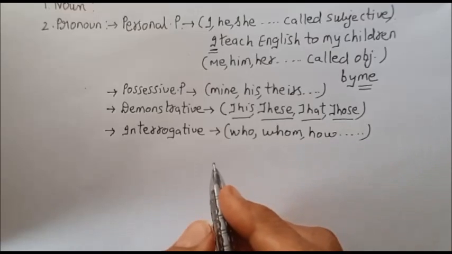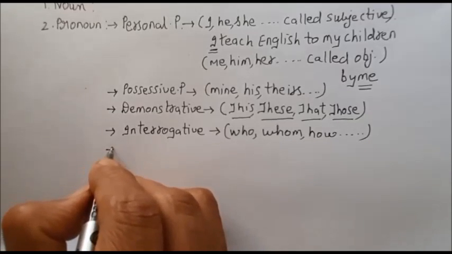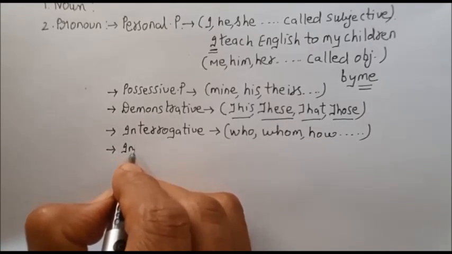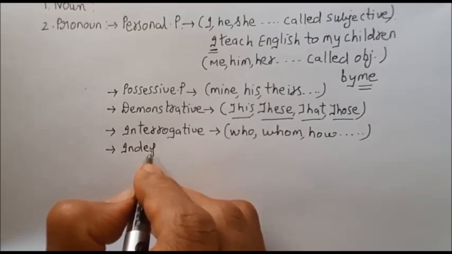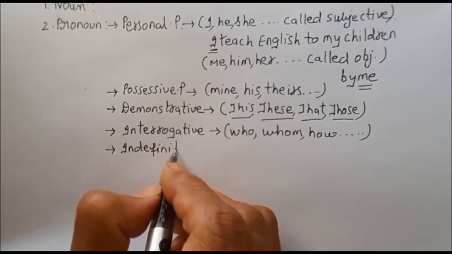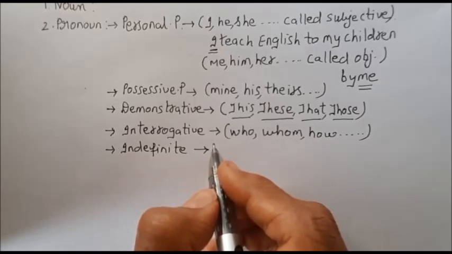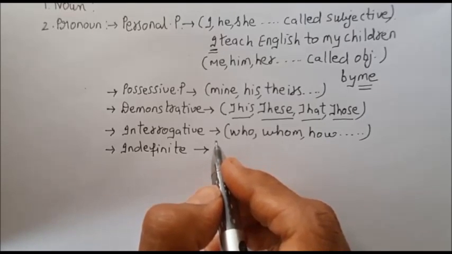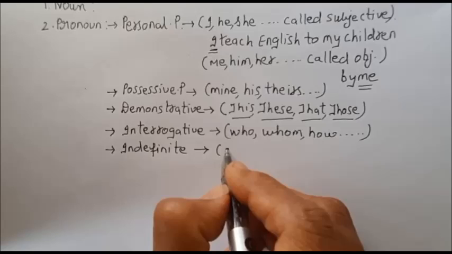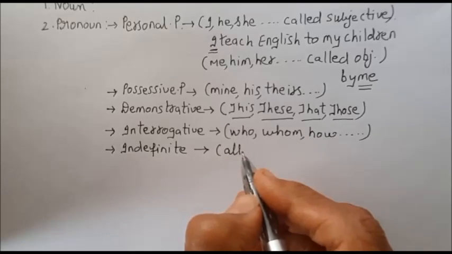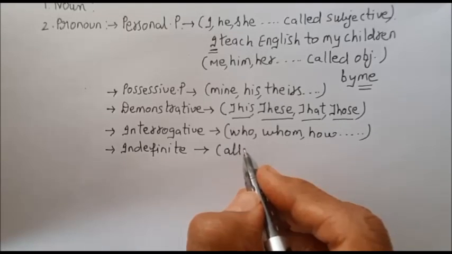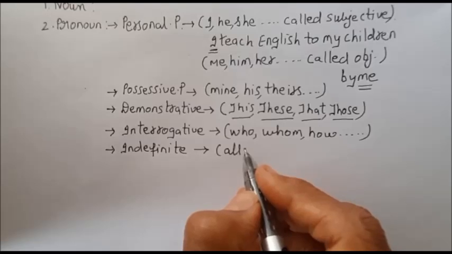As we move ahead, let's take two more. That is indefinite pronoun. Now, indefinite pronoun means you are talking about something which is not in particular, like all. So it's not fixed about a particular person, it's about all.